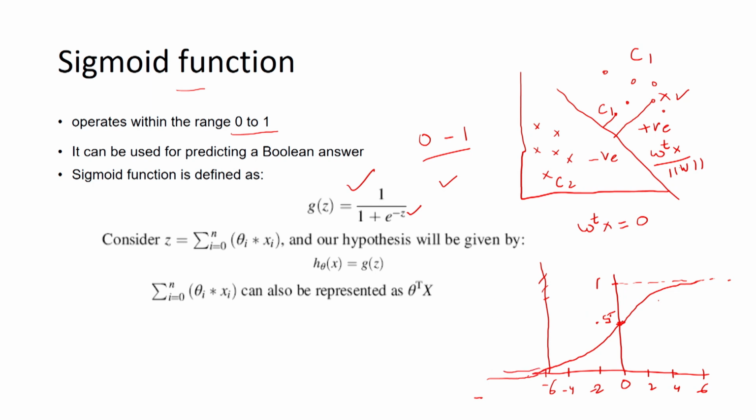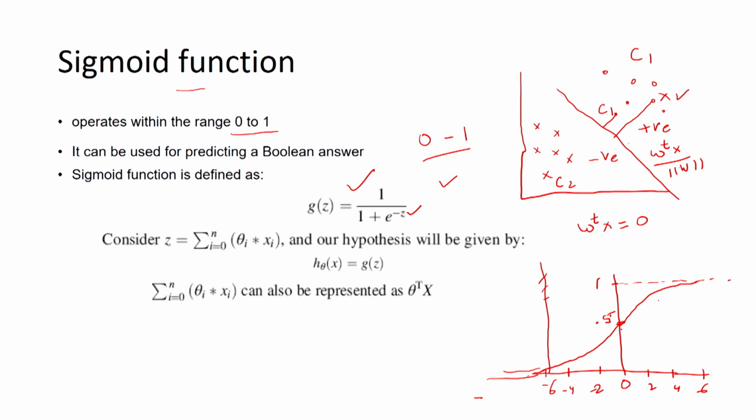So, here we can say that we are getting values only between 0 and 1, and that is why we can treat it as a probability. When the distance is less, when we provide this distance as z here, if that distance to the boundary is very small, then your probability is close to 0.5, and we are not that confident whether it belongs to class C1 or class C2, because it is close to the boundary line.